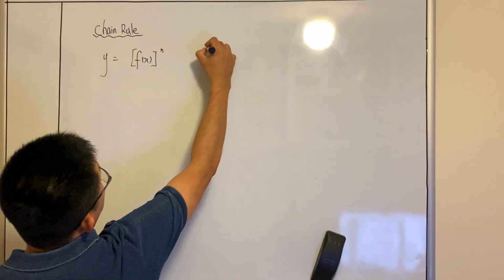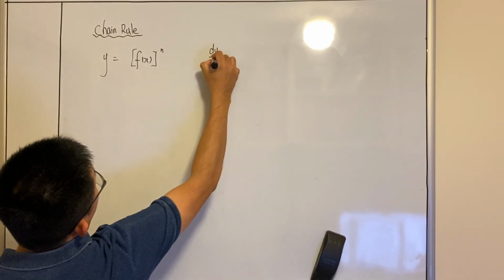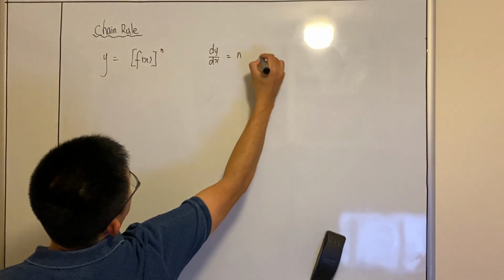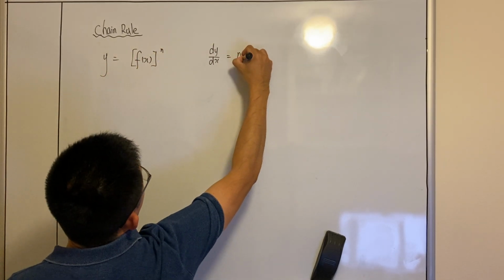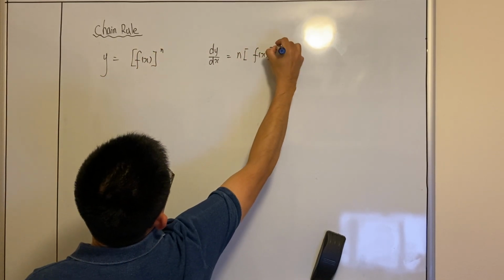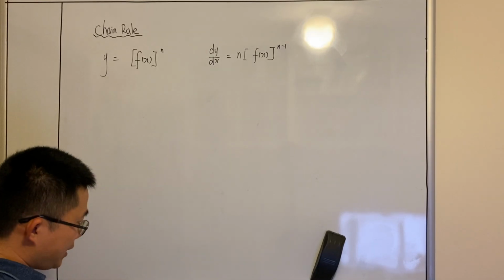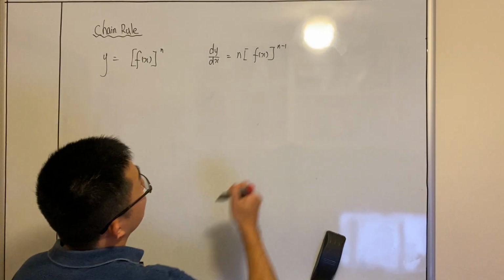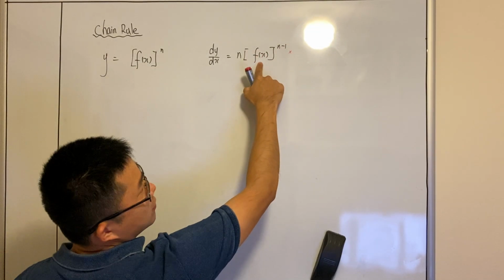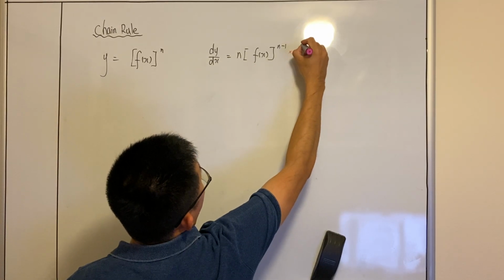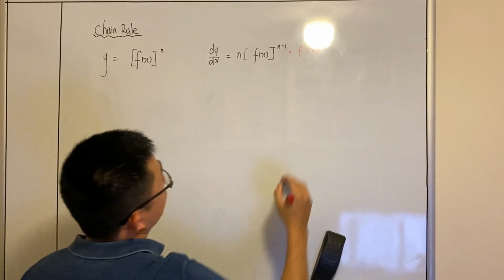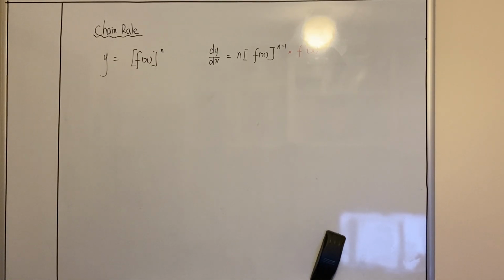Well, dy over dx is equal to n, move the power to the front, f x to the power of n minus 1, and then you multiply by the derivative of the inside function, and that will be f dash x. That is the chain rule.